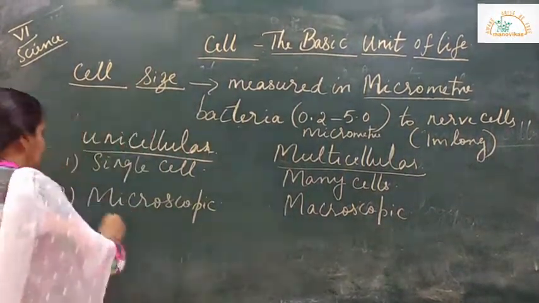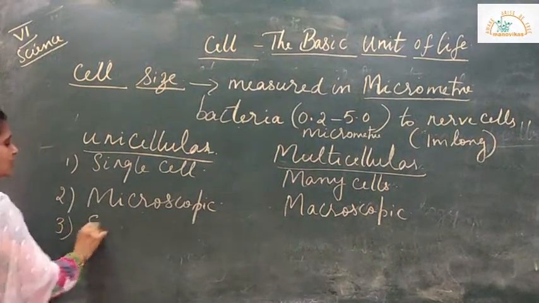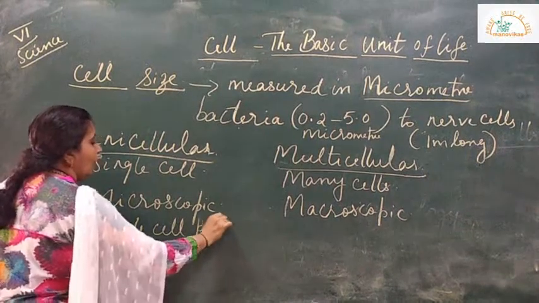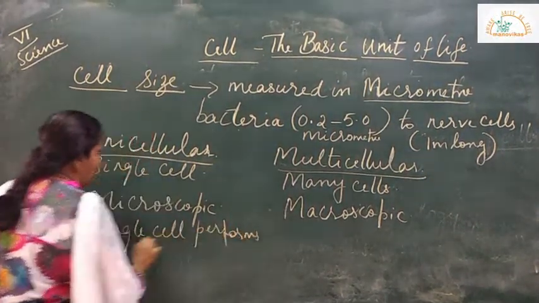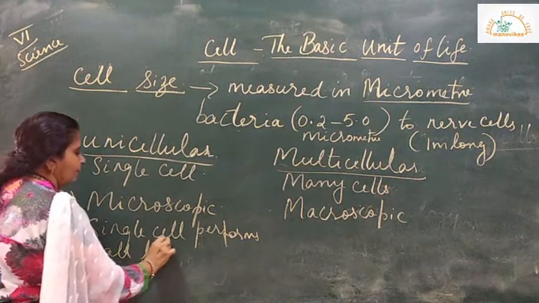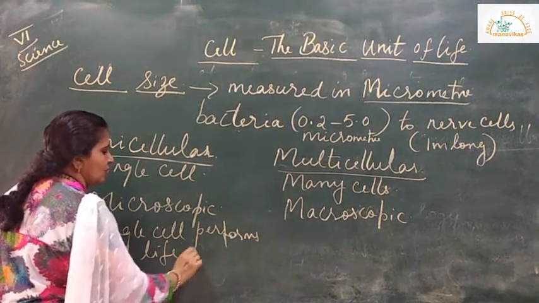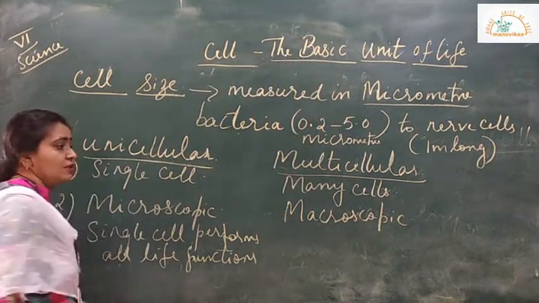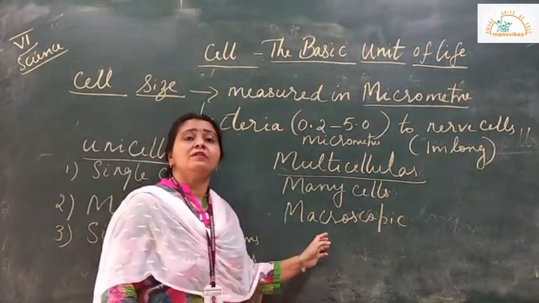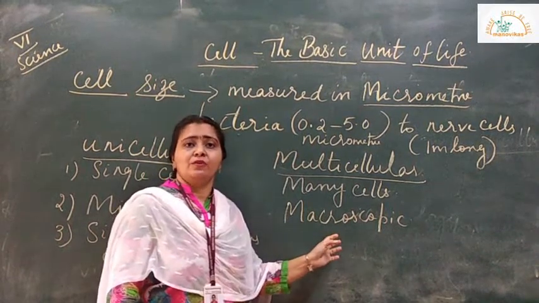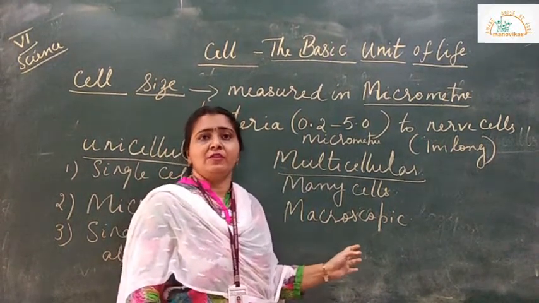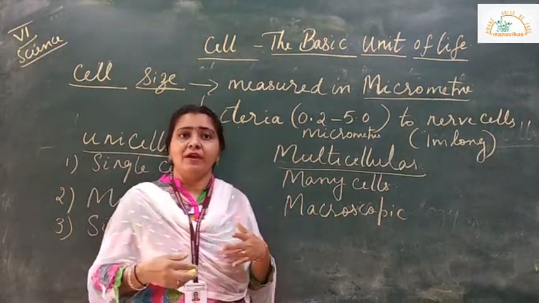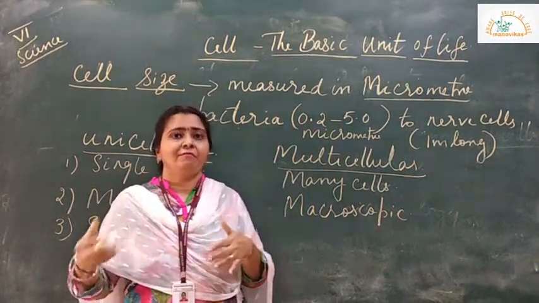Now the third difference is that a single cell performs all life functions. Whereas in multicellular organisms, different cells are used to perform different functions. For example, the human body has different organs, and each organ performs different functions.